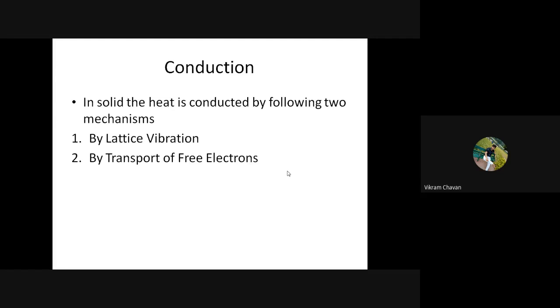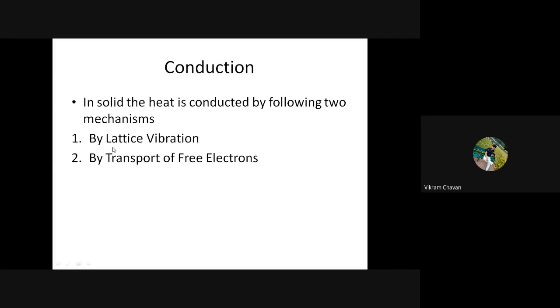Okay, so are free electrons available in metals or non-metals? Obviously they are available in metals only. So this transport of free electrons happens in metals only, and because of that, metals are more conductive than non-metals. In metals, free electrons are available to transfer the heat.